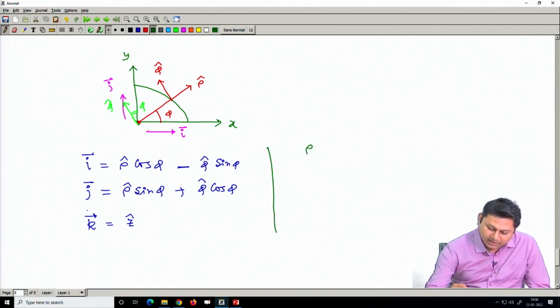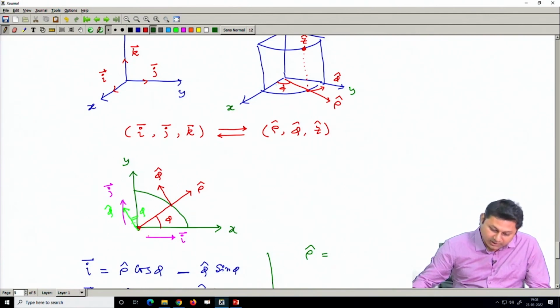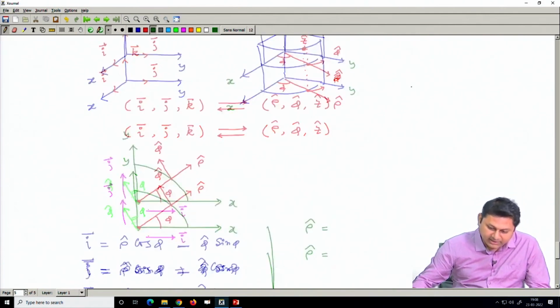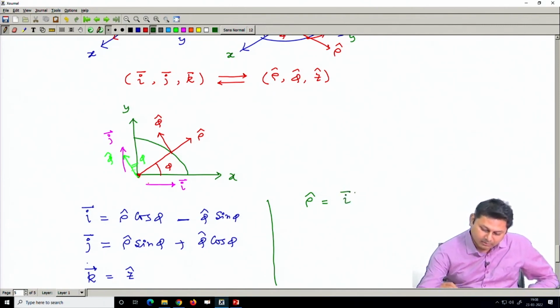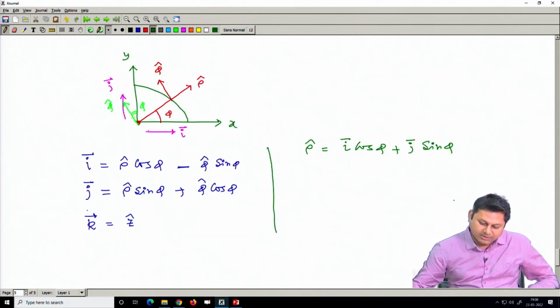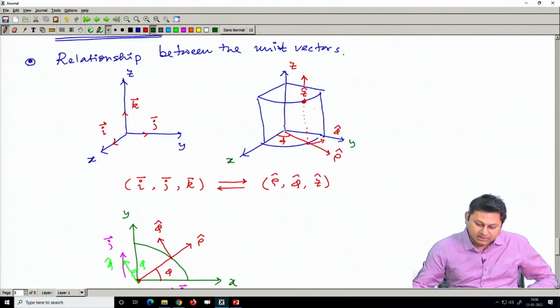then the rho unit vector, which is sitting here, can be decomposed along x direction and y direction, and if I do, it should be simply i cos phi plus j sin phi. Similarly, the phi unit vector, if I want to decompose along ij, phi is in this direction.